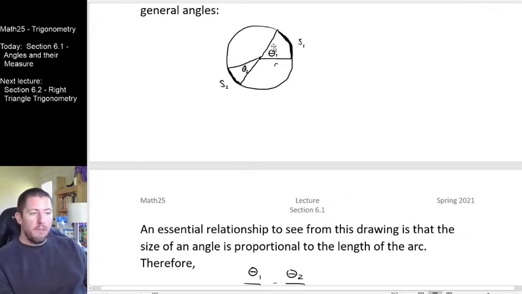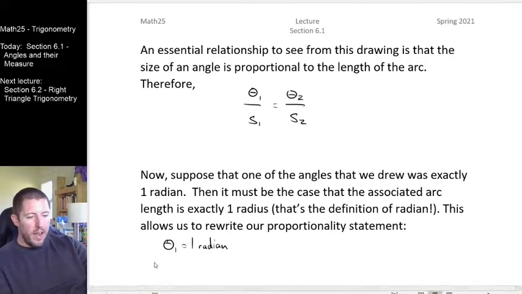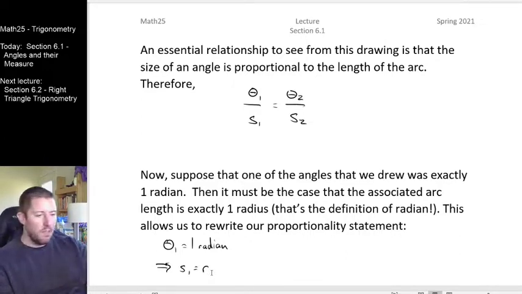So if we go ahead and do our hypothetical, if theta 1 is 1 radian, then what that means is that S1 is R. Right? That's the definition of a radian. A radian is the amount of angle it takes to sweep out 1 radius's worth of arc length. So this arc length must be 1 radius, or just R. So knowing that theta 1 is 1 radian tells us that our first arc length must just be R. It's 1 radius of the circle.